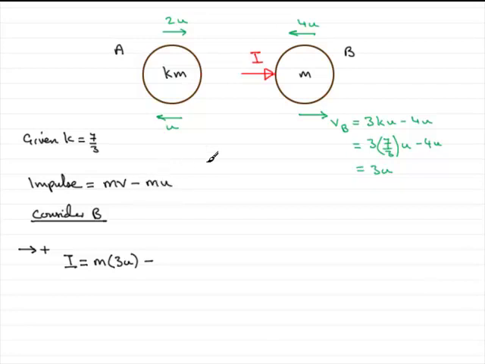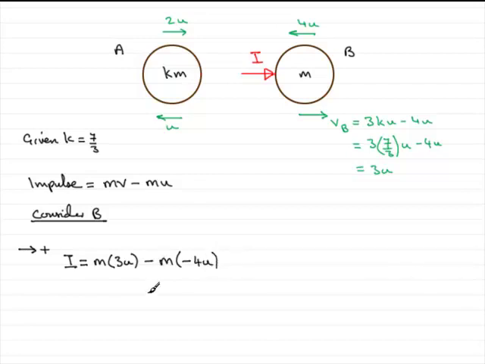The mass is m, and then we've got to times it by the initial velocity. So what is the initial velocity? Well, we know that it was moving with 4u to the left, and we've selected positive direction to be to the right. So we must be careful here to write minus 4u.